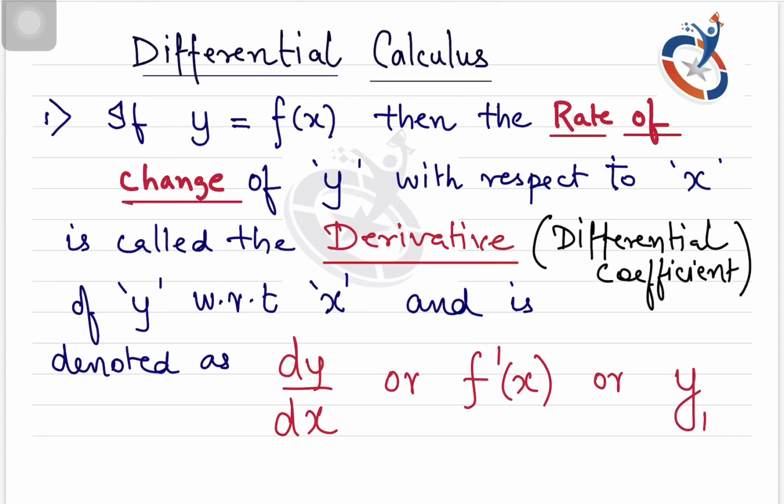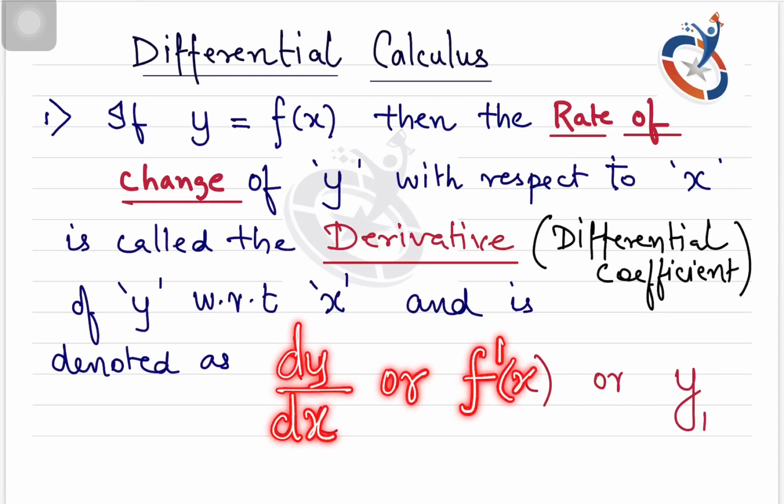It's called the derivative, or it's also called as differential coefficient. It's called derivative or differential coefficient of y with respect to x, and is denoted as dy by dx, or it's f dash x.